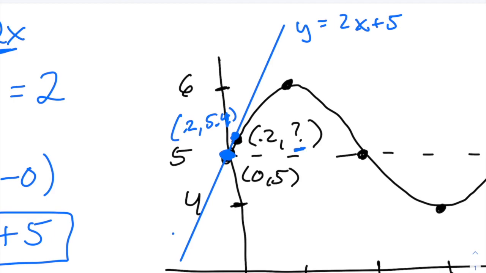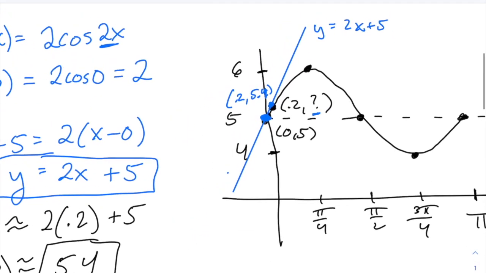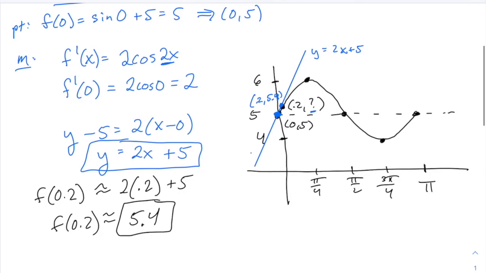Because they're together right here, but after that the curve and the line diverge, and they get further and further apart the further you go away from that point of tangency. But as soon as they diverge, the line is above the curve. The line is always going to be above the curve in that neighborhood.